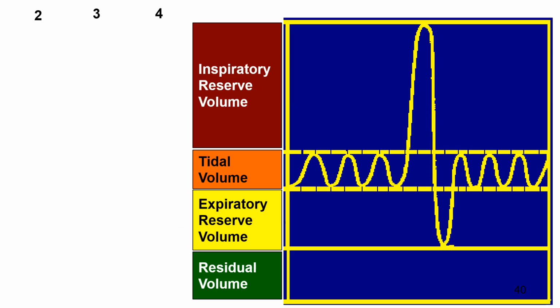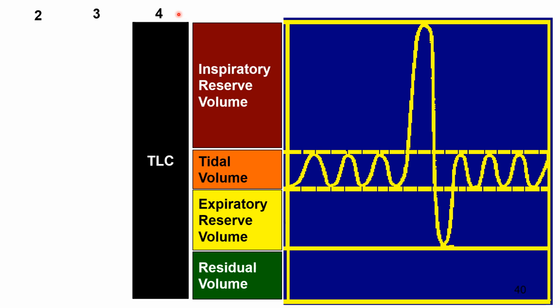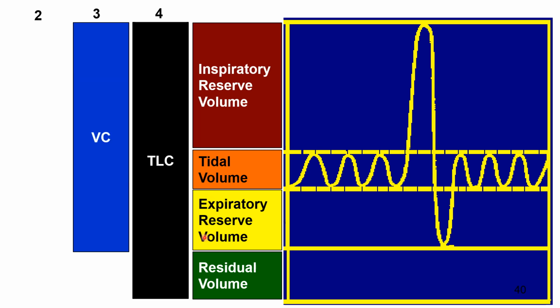So I mentioned to you that if we combine two or more lung volumes, we come out with capacity. So if we combine all of the four lung volumes, that is known as your total lung capacity. If we combine the upper three lung volumes, the IRV, TV, and expiratory reserve volume, that is known as your vital capacity.